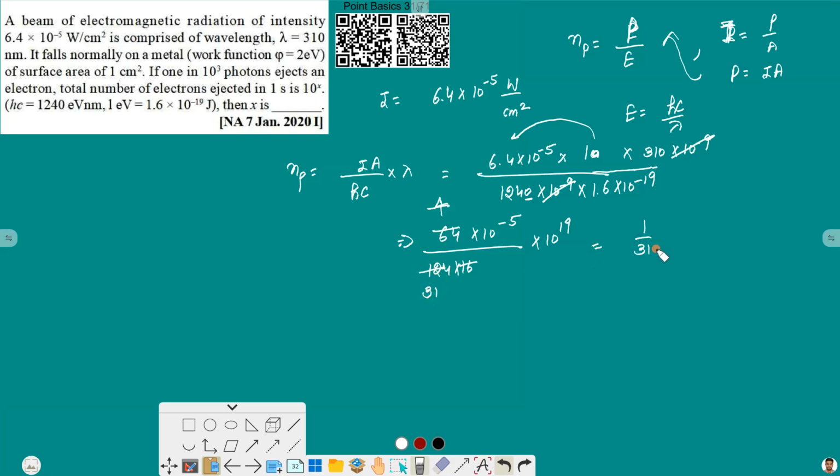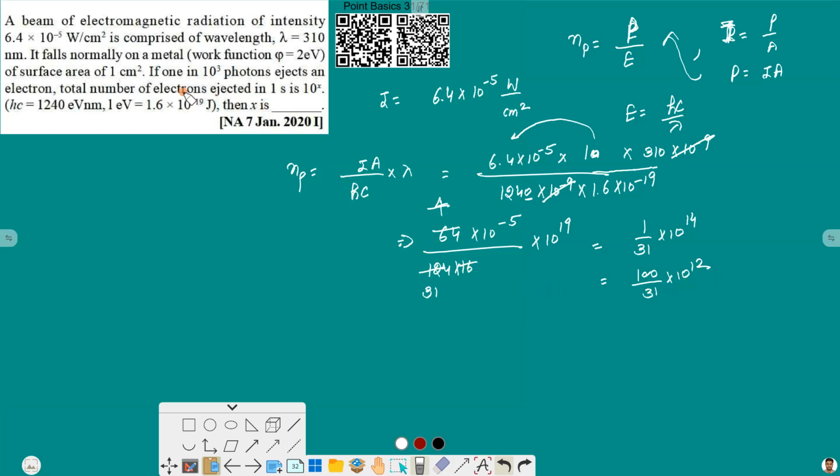So 1 by 31 into 10^14 photons we have per second. And 1 by 31 can be written as 100 by 31 into 10^12.